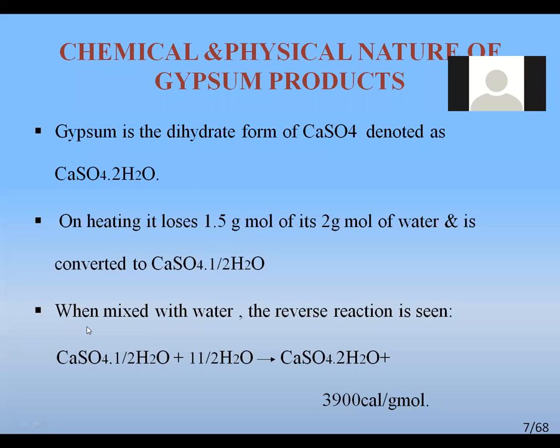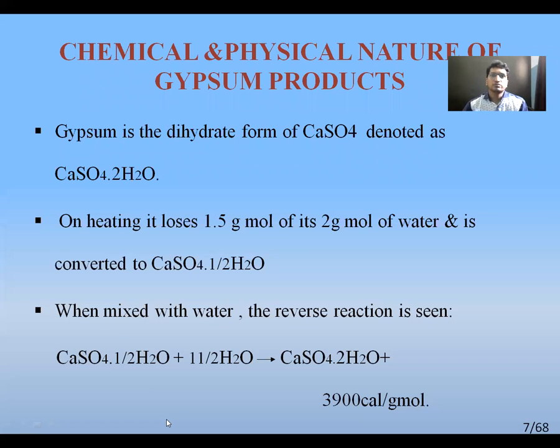In the lab, when we mix it with water, this reaction reverses. The half molecule of water, when we add water, converts into the dihydrate form. CaSO4 half H2O plus water gives CaSO4 2H2O, the dihydrate form, and this is an exothermic reaction.